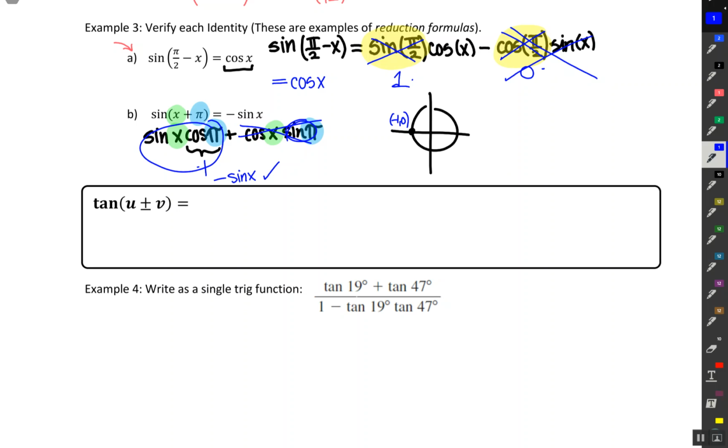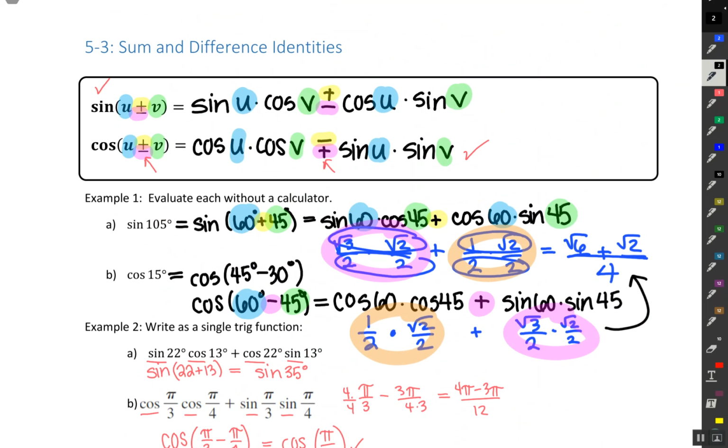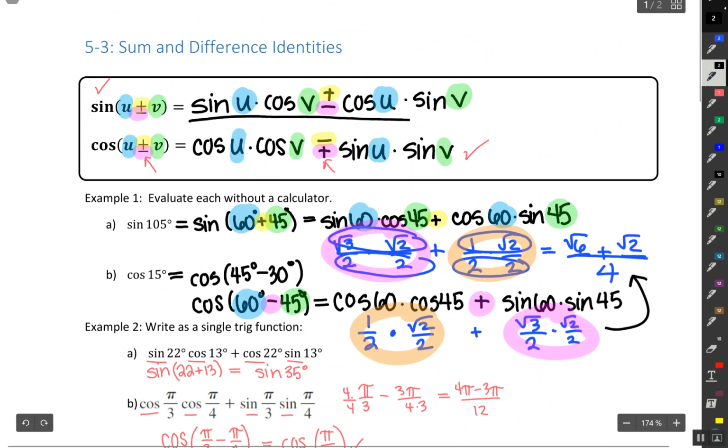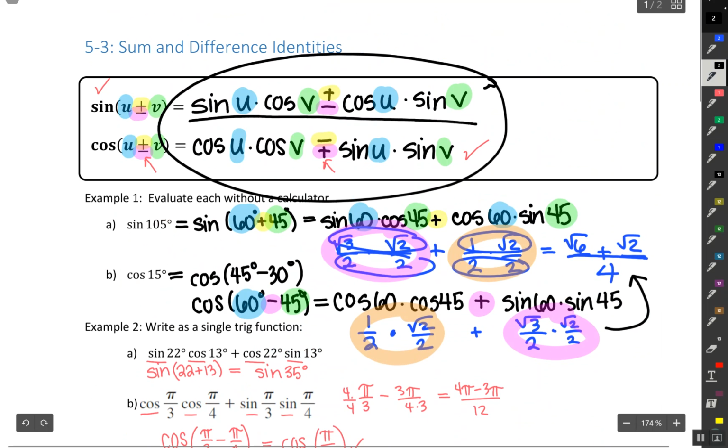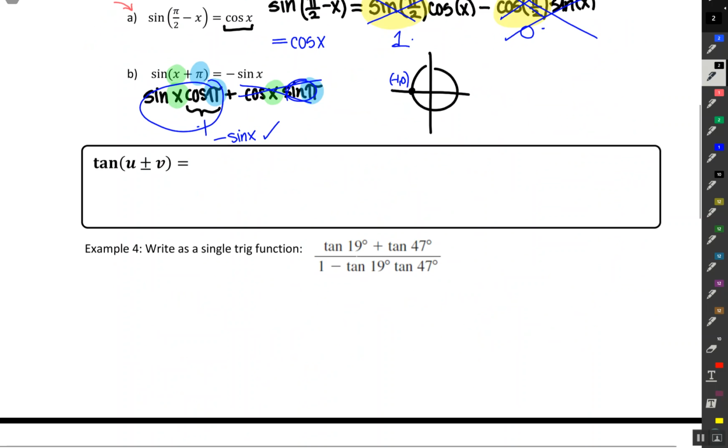All right, let's talk about tangent. Okay, the tangent formula, you could remember that tangent is sine over cosine, so you could just take this whole formula, put a division bar, and there you got it. There's tangent. But there's another formula for the tangent when we're doing a sum or a difference.